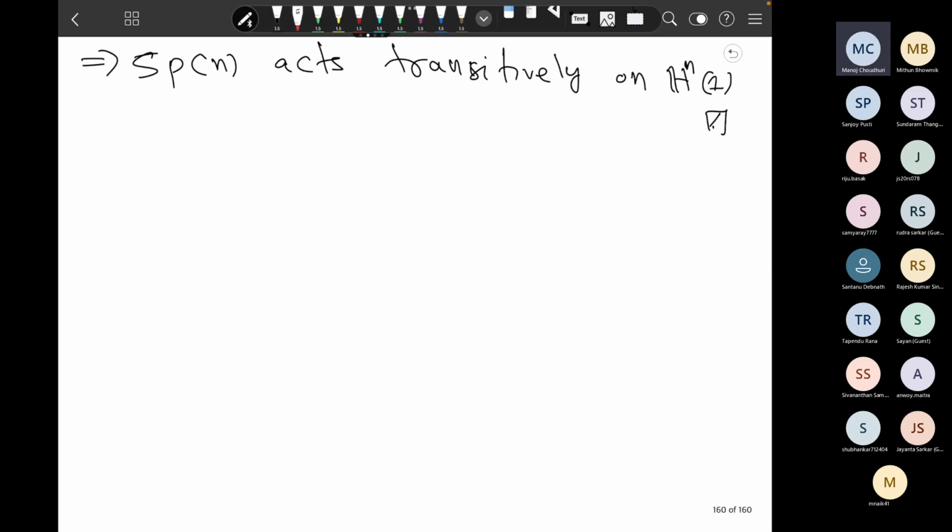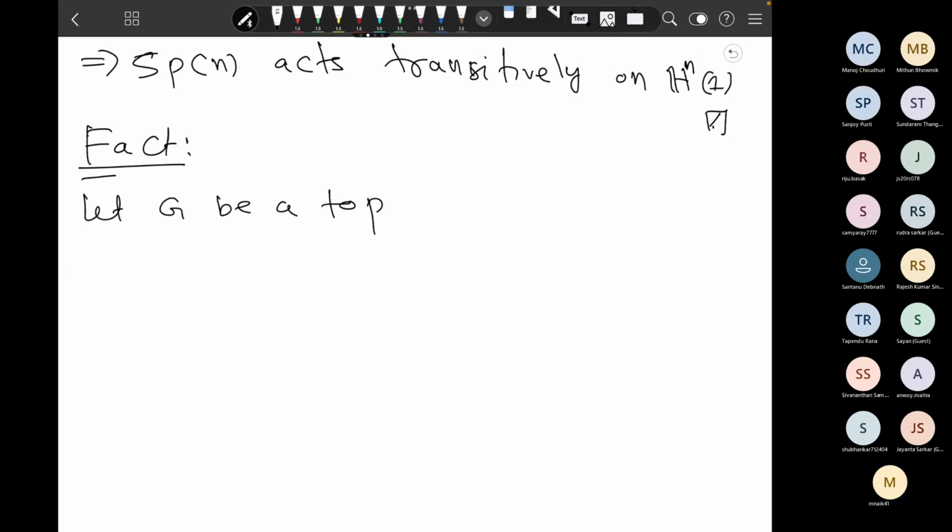Now, some fact. Let G be a topological group, and I will take five more minutes.